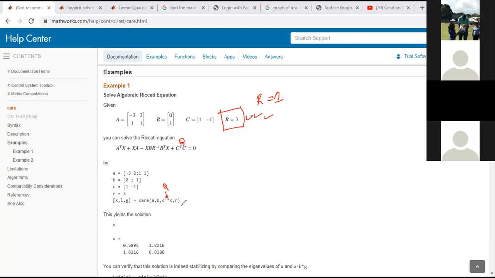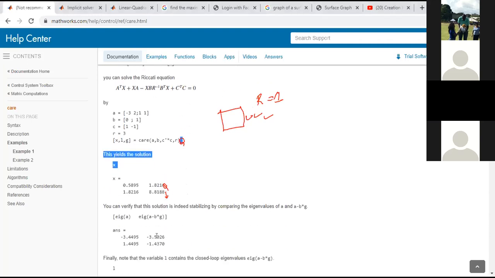And they're going to get the X, which we're not really interested in. The eigenvalues, which we are interested in. Now, these are the two types of eigenvalues. It gives the eigenvalues of the system. So this is the matrix A and it gives you the eigenvalues of A.